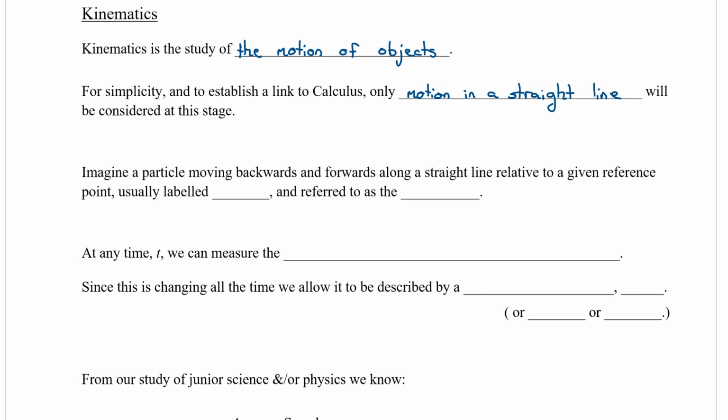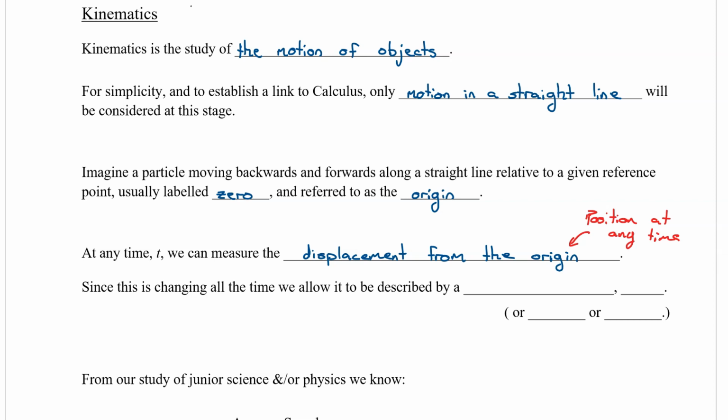Imagine a particle is moving backwards and forwards along a straight line relative to a given reference point, usually labeled 0 and referred to as the origin. At any time t, we can measure the displacement from the origin, where displacement is just a fancy name for position in this case.